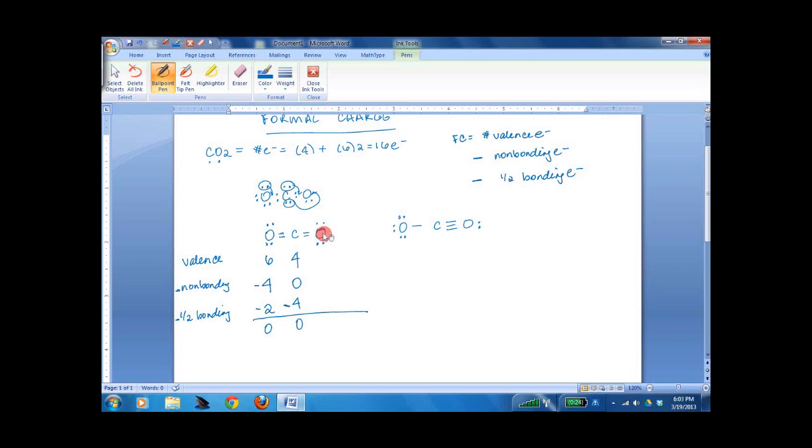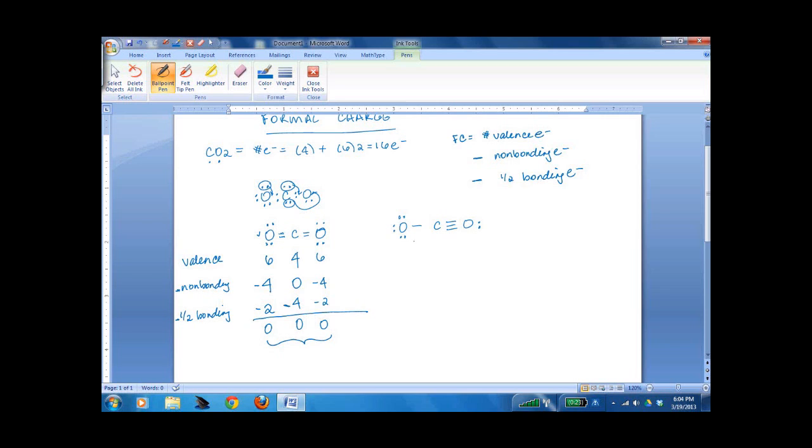This oxygen looks exactly like this one here. It's the same. So it'll be 6 minus 4 minus 2, 0. So the formal charge on every one of these will be 0, which makes sense. There is no charge on carbon dioxide. It's neutral. And that is the formal charge for each one of the elements in this molecule.